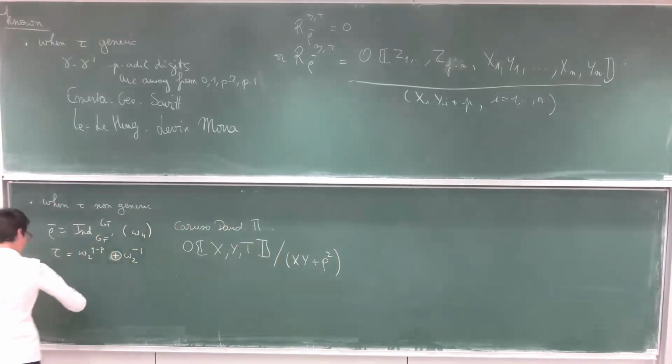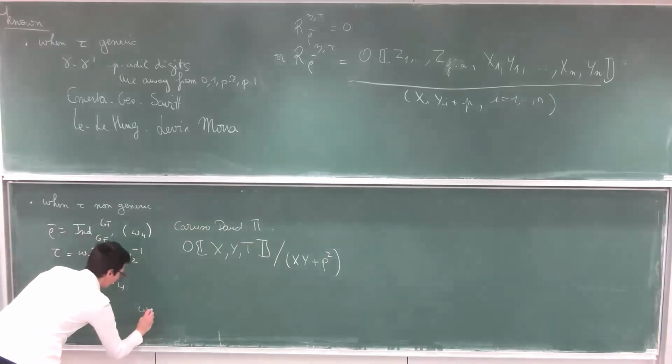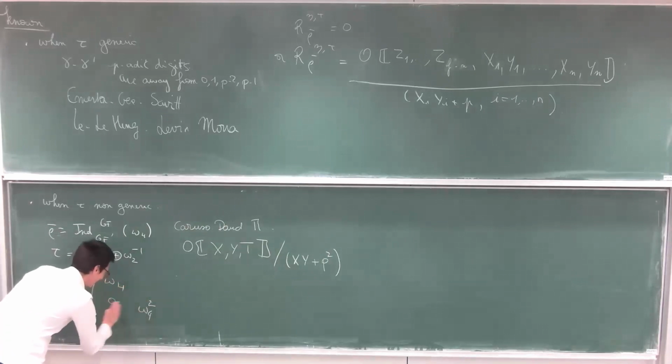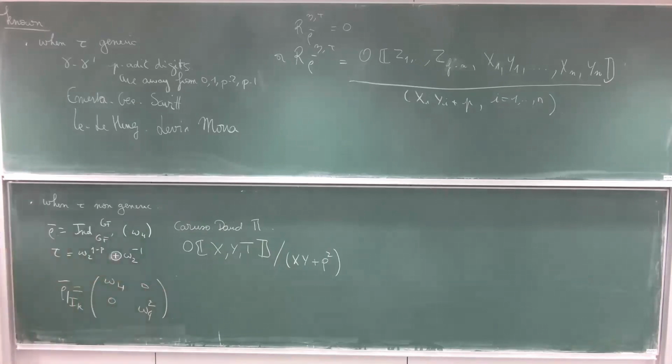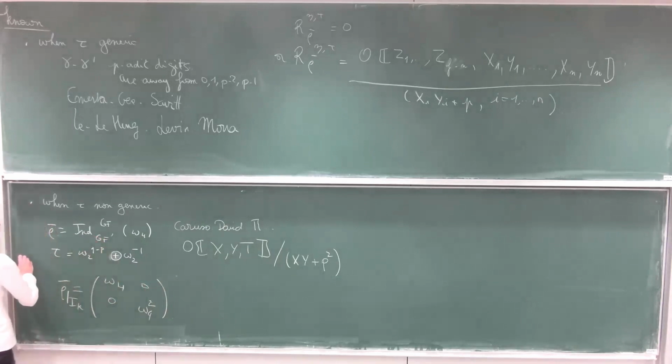So this is 2 times 1. Okay, that's 2. F is an extension, so F, Q_p square, F prime.